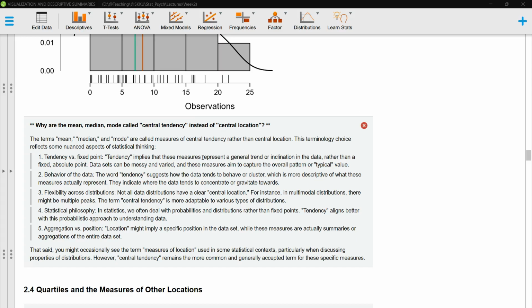If you are interested in this question, just read through this part; we don't have enough time for additional explanation of it. So let's go to the next part.